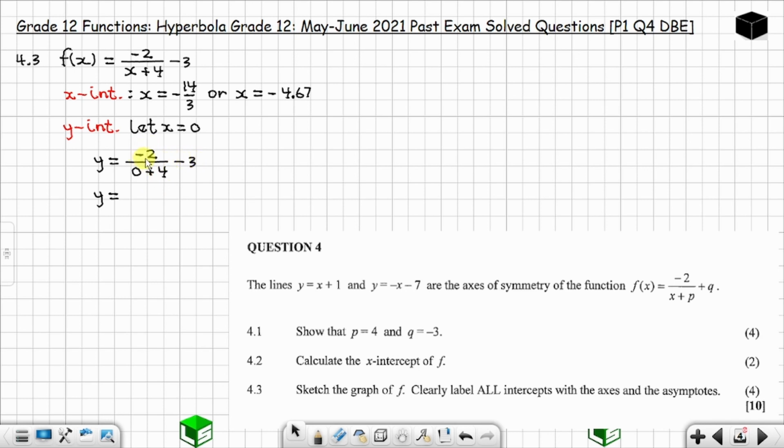So this is -1/2 minus 3, which is -7 over 2, or you can give it in decimal: y is equal to -3.5.